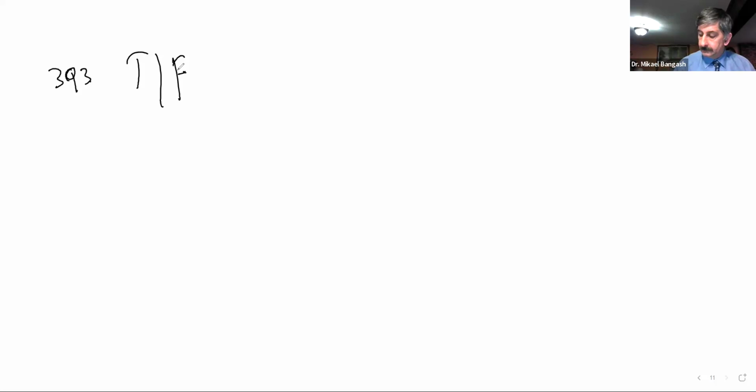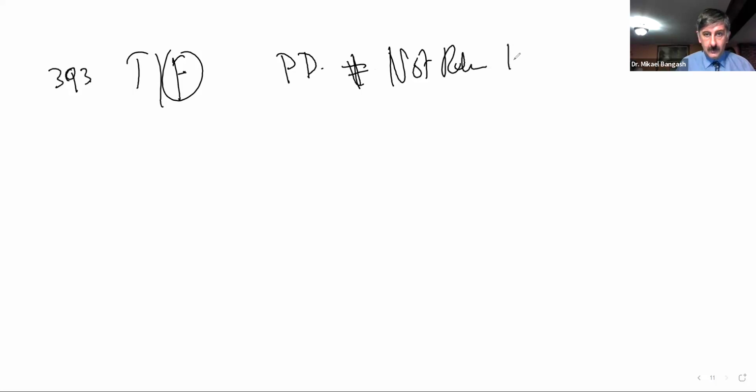Clear? Now we can mainly say that this is going to be false, mainly because pulse duration is not related to the temporal resolution.